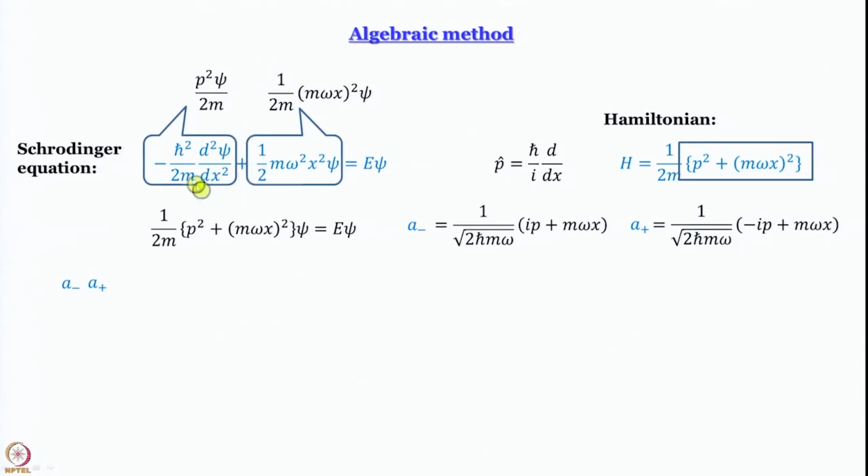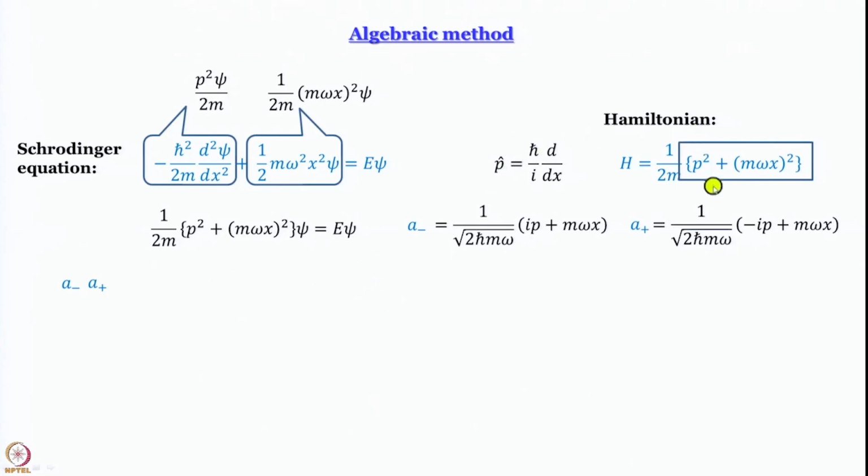For further simplification we have rewritten the second term as 1 by 2m into square of m omega x operating on psi, equal to E psi. So, this is the modified Schrodinger equation we got: 1 by 2m p square plus m omega x whole square, whole thing operating on psi gives us E psi.